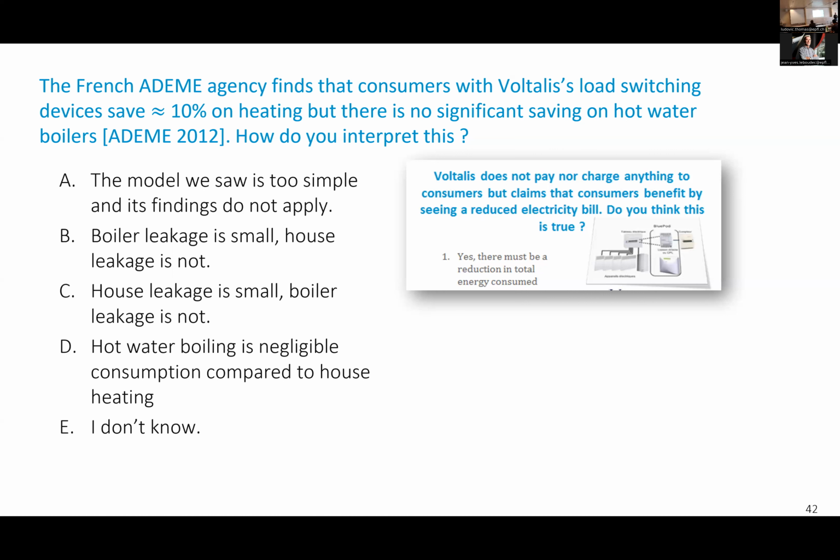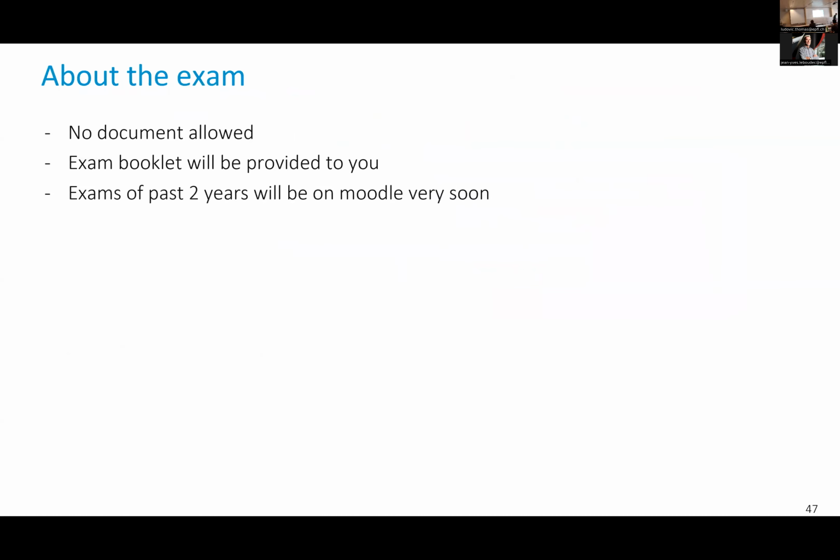We have the quiz, the lab, and the exam. About the exam, there were some questions. No document is allowed for the exam, but there is what is called an exam booklet. The version of last year is already online. That will be the same as last year, but with a few typo corrections.